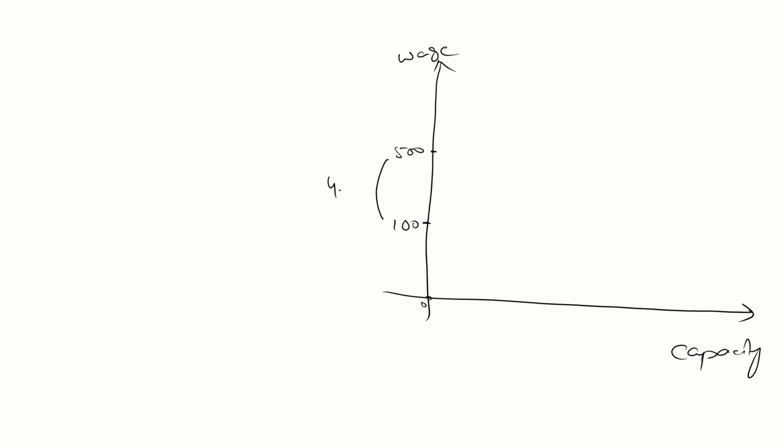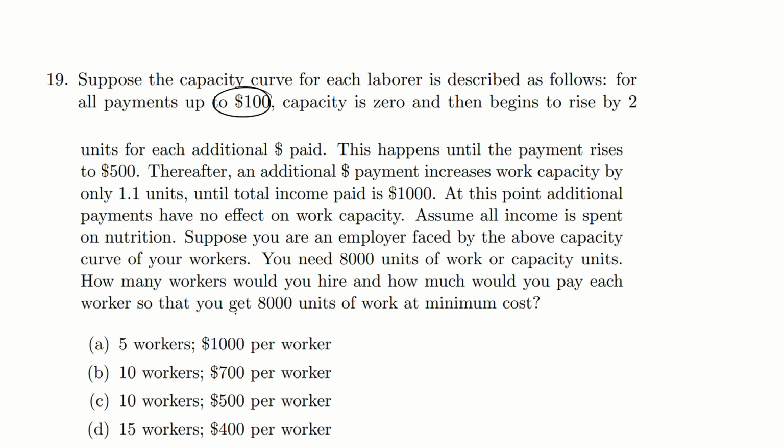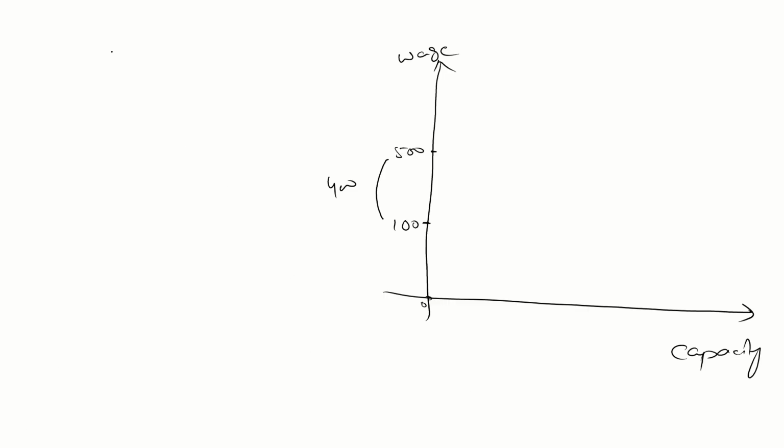The increment is 400, and the capacity increases by 2 units additionally. So 400 into 2, what? 800. So you will get somewhere here 800.